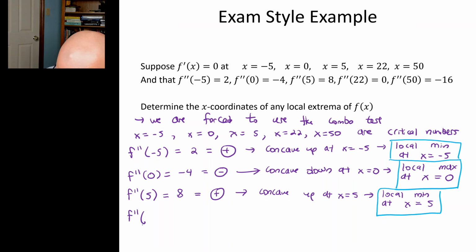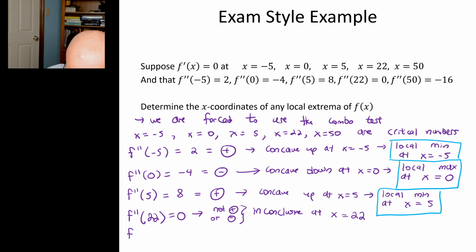F double prime at 22 equals 0 is inconclusive. It's not plus or minus. Inconclusive at x equals 22.